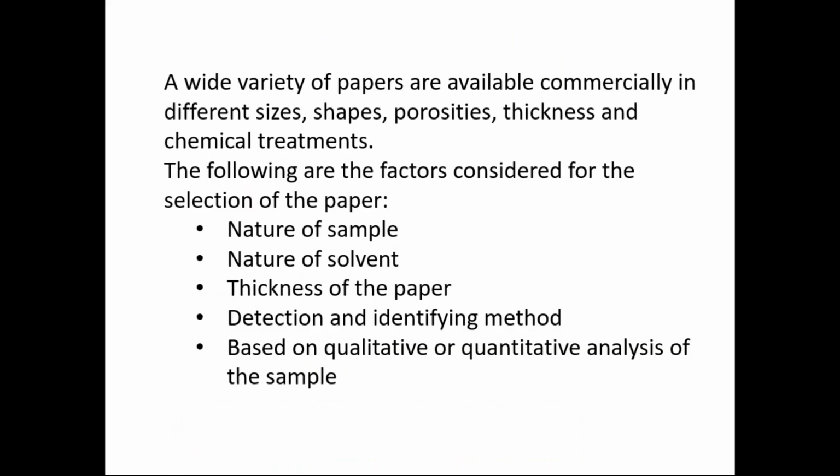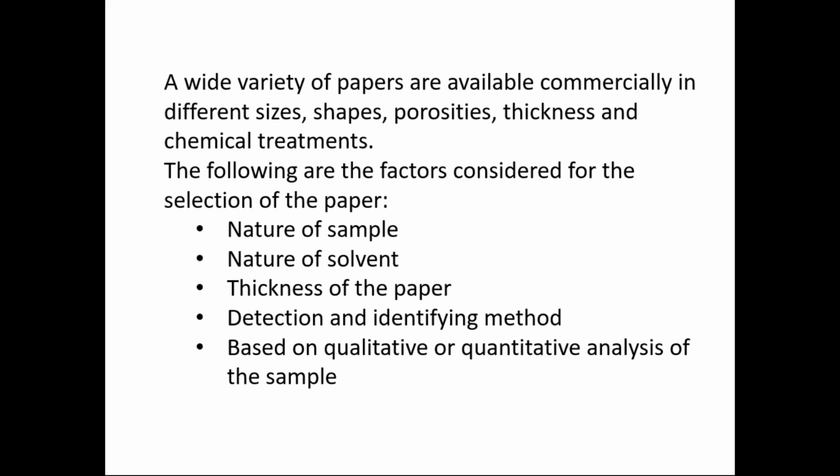So a wide variety of papers, that is the filter papers, are available commercially of different sizes, of different shapes, different porosity, thickness, and chemical treatments for paper chromatography. It is evident that we need this because the analytes that we need to separate are of a wide and varied nature.